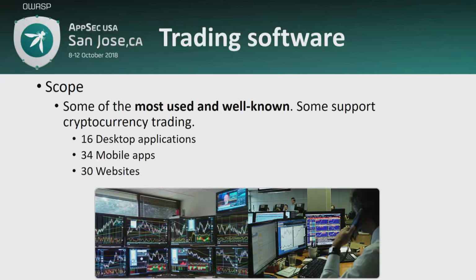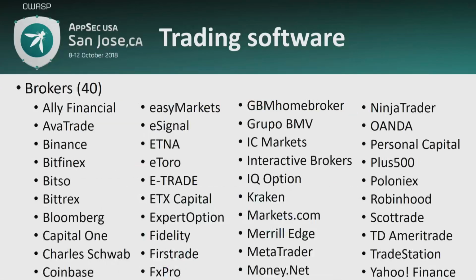What I did, I analyzed 16 desktop applications, standalone applications that run on Windows or Linux, 34 mobile apps, and 30 websites from these brokers. Probably many of them are familiar to you.